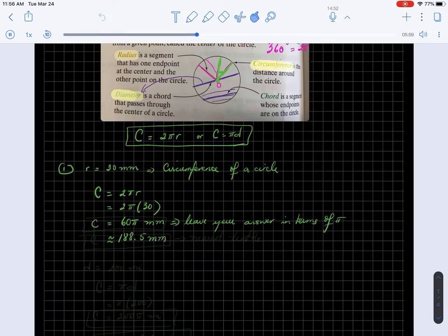So this right here is in terms of pi. This one right here is rounded to the nearest tenth.